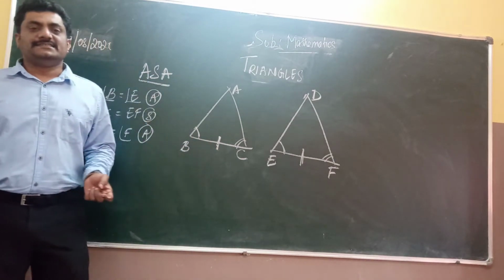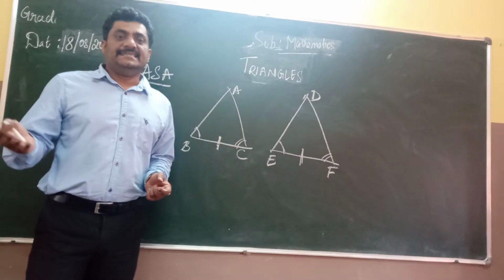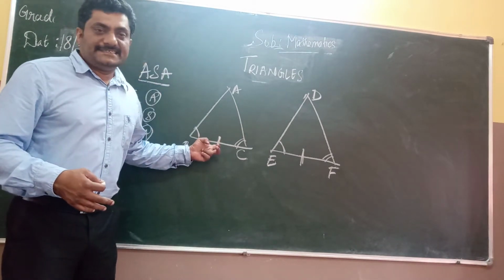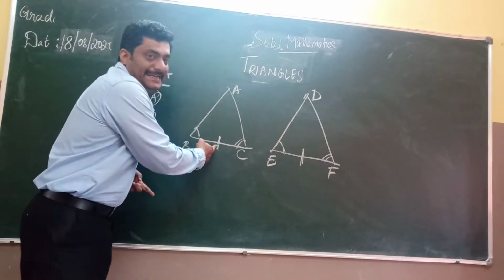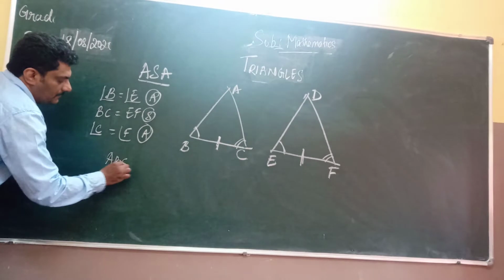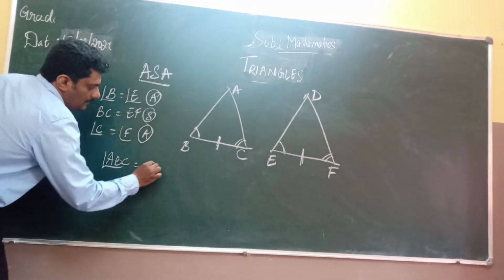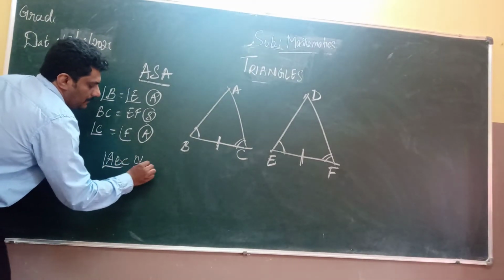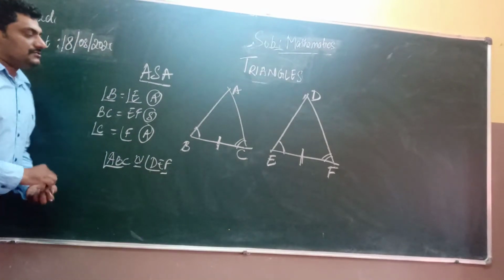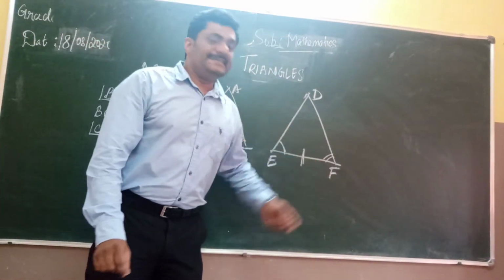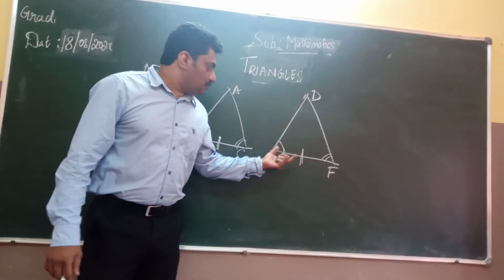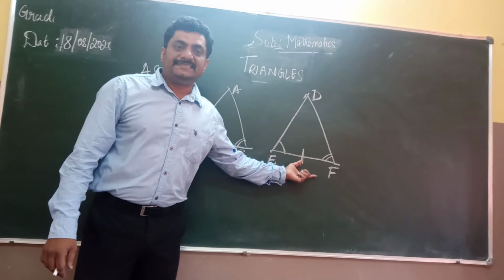In the previous congruency, which is SAS, it is two sides and an included angle. Now in this case, two angles and included side are said to be equal. Two angles and an included side of one triangle is equal to two angles and an included side of the other.